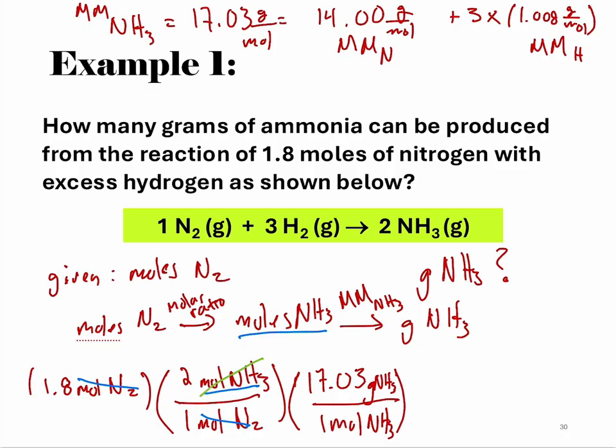So moles of ammonia cancels out, and we're left with grams of ammonia, which is what we want to solve for. And so when we plug that all in, 1.8 times 2 times 17.03, I get 61 grams of NH3.